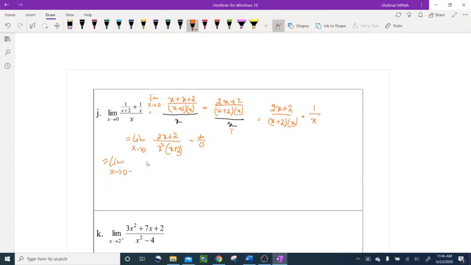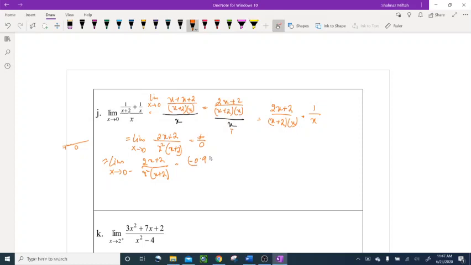So the limit as x approaches 0 from the left of 2x plus 2 over x squared times x plus 2. When I plug in from the left, like pick negative 0.9, this is my 0, and if I pick left, this is negative 1. I pick left of this, so negative 0.9.